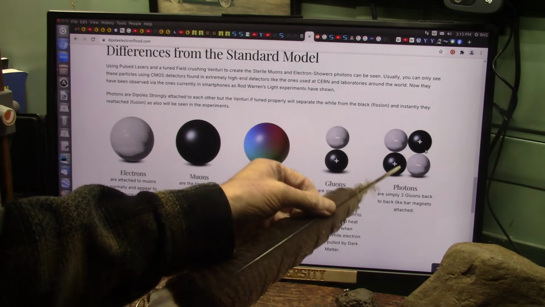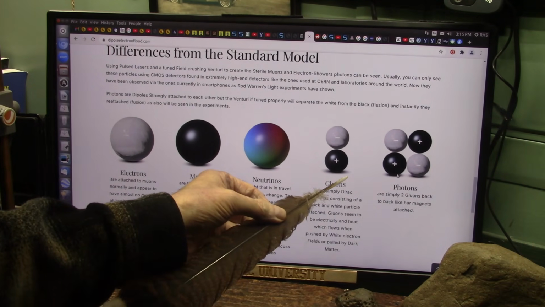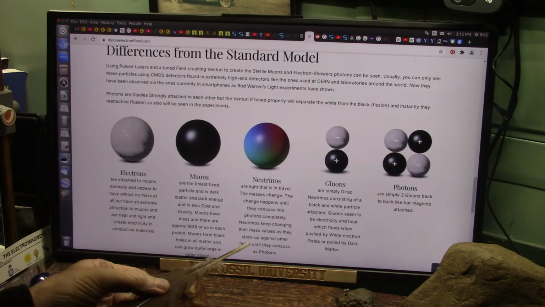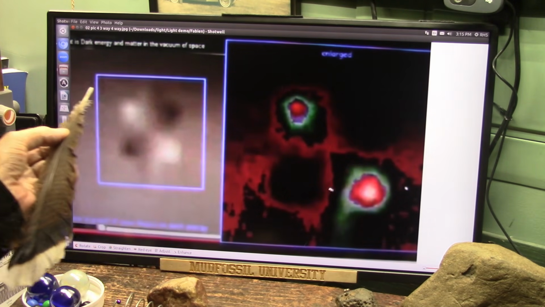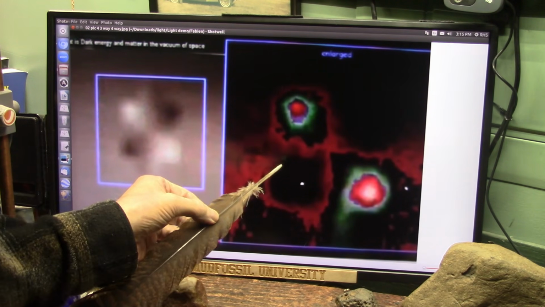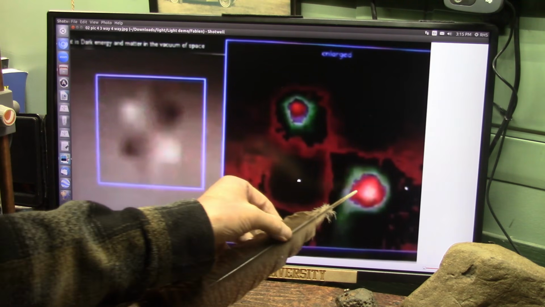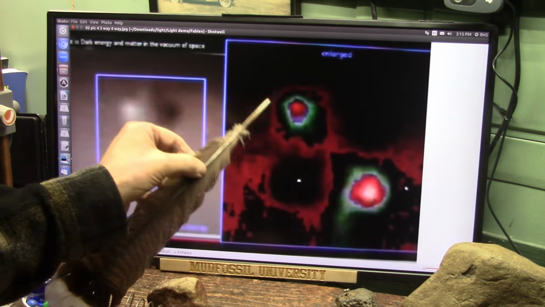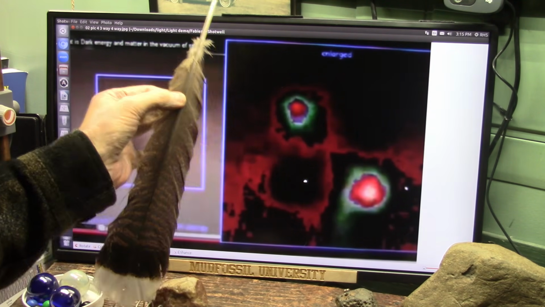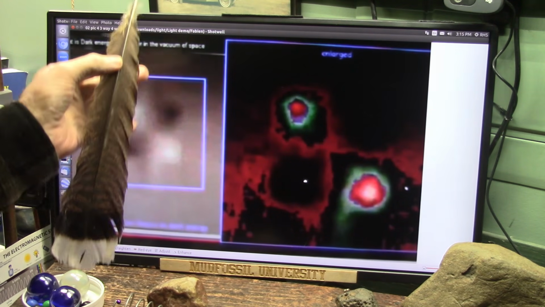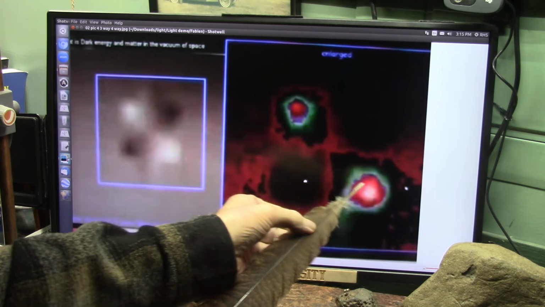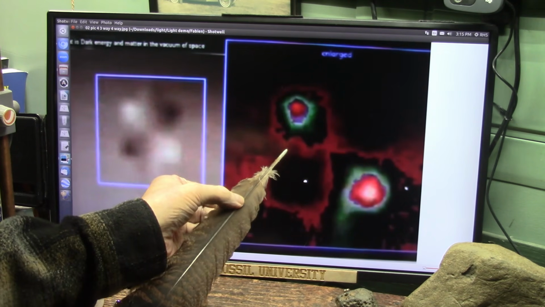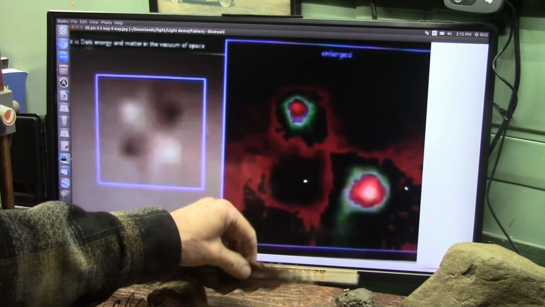And I showed you the photons and the dark matter. And that's dark matter. That's what it is. And that is the attractive source to these. They glue together. They call it a strong nuclear force and a weak nuclear force. Well, this is strong. These stay together basically forever.